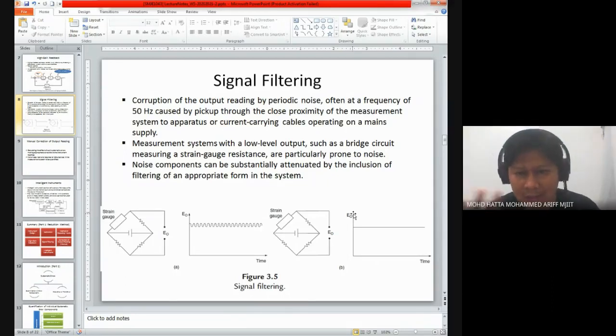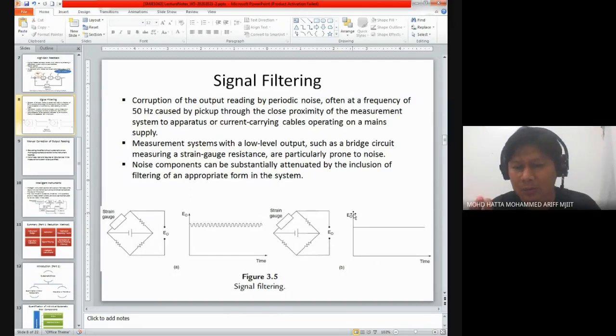In general, if we talk about filters, we have several types of filter. The basic ones are low pass and high pass. Low pass means that it only allows signals with a low frequency to pass that filter. On the other hand, a high pass filter only allows high frequencies to pass.